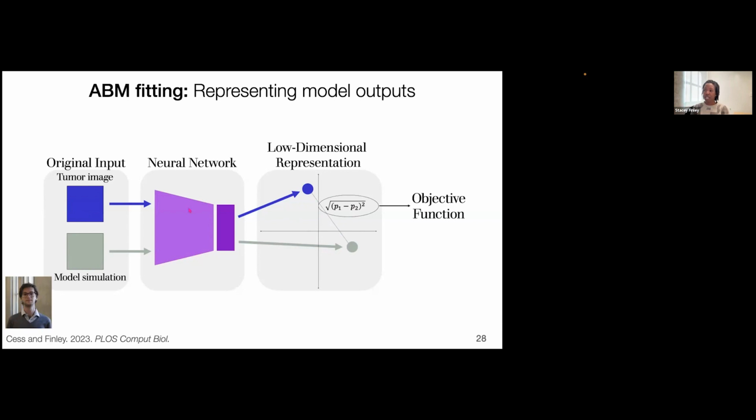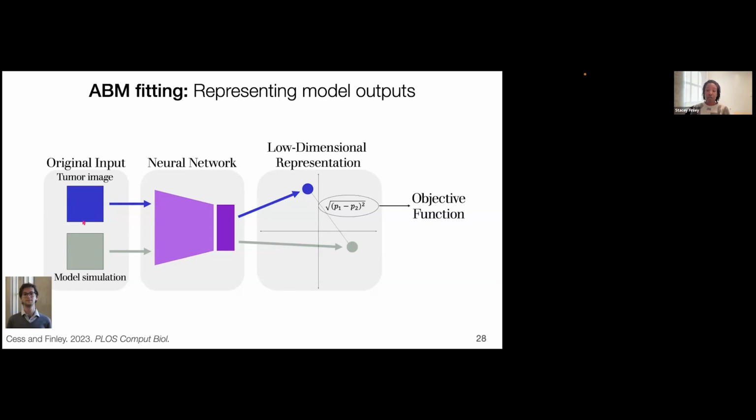So what we're doing is casting these high dimensional complex images, whether experimental or from the model, into a low D 2D space where the distance between the points means something. If two points here are far apart, then those images are very dissimilar. They're distant from one another. Whereas the closer two points lie within this 2D space, the more similar the original images are to one another.